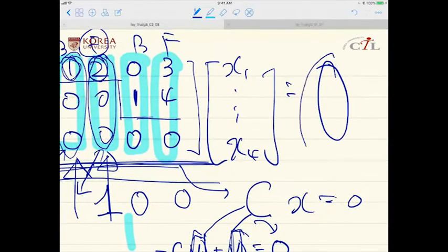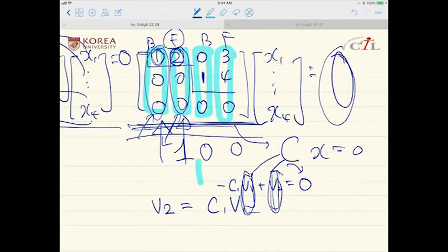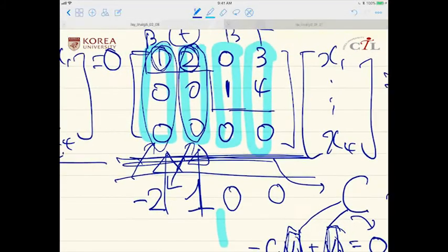And so what is our case? We can just multiply negative 2 here, right? And then they are canceling out with each other, and then we will obtain 0. And from the structure of a reduced echelon form, these values are all 0.